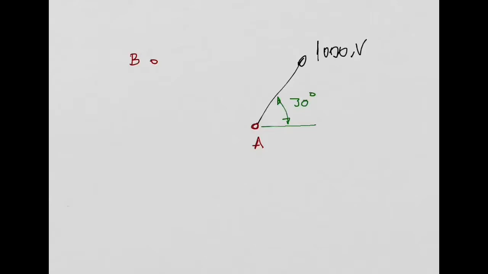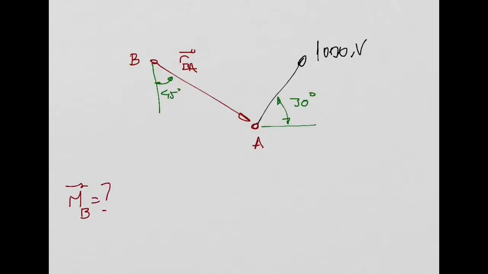My question is: moment about point B. So we need to define this position vector, RBA. For that, let's say this angle here is 45 degrees.